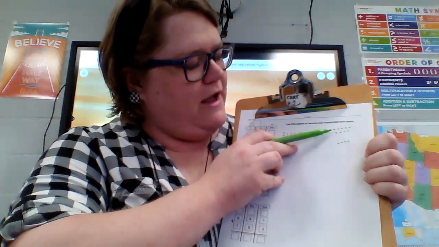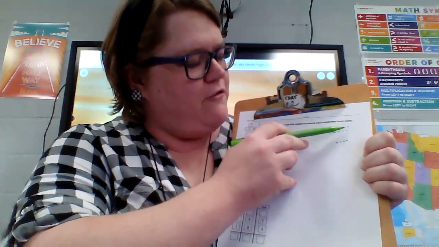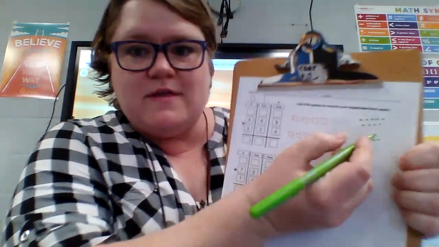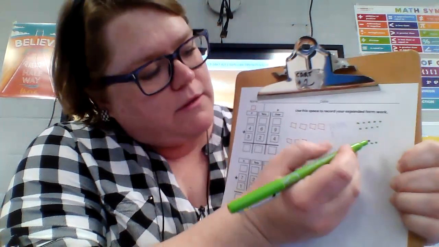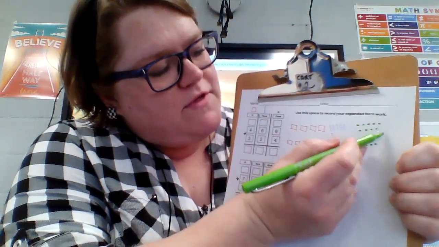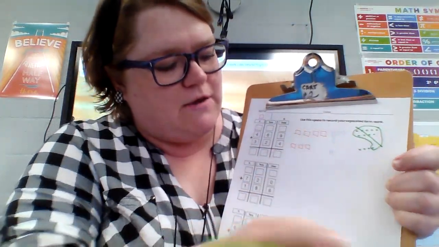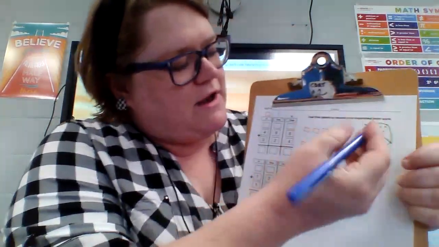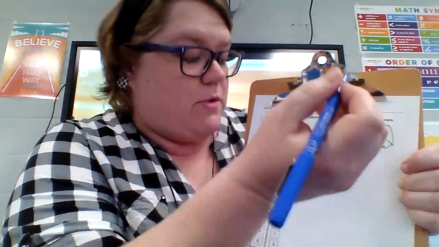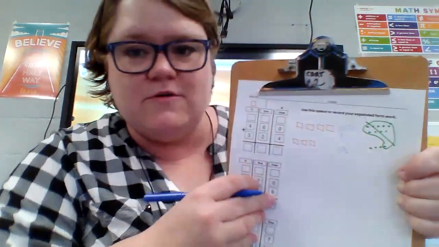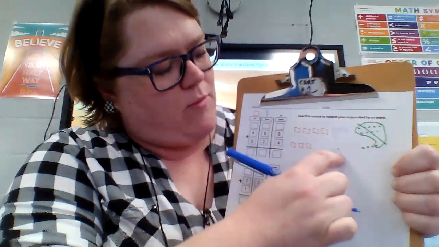Right here, I already see I have 5, 4. If I move this up here and I make a group of 10 right there, aha, now I have 10 ones. I have another 10. So I get rid of those ones and I move the 10 over.